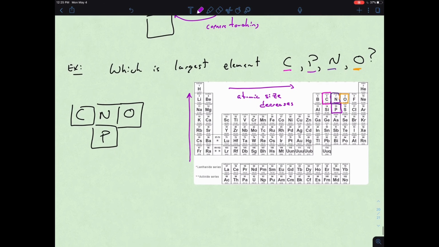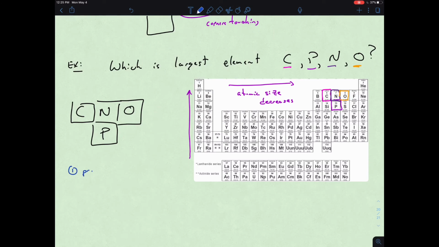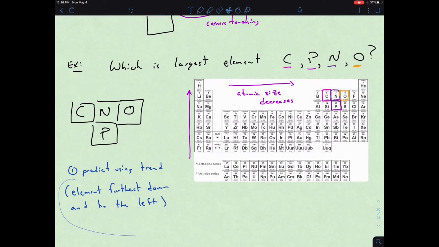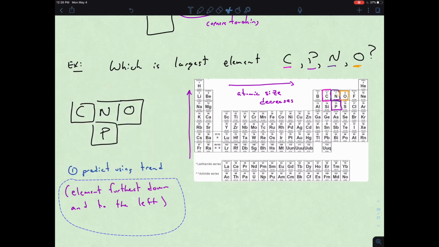So if we are to now predict the trend, we want the largest element, so we want the element furthest down and to the left in terms of predicting the trend as we have it above.